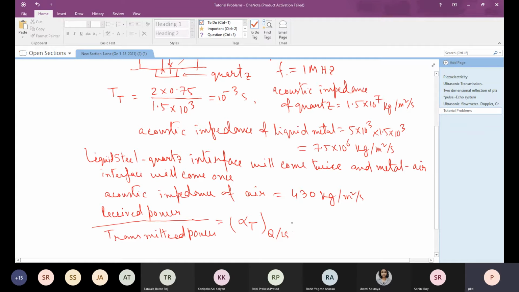Then it will have the continuous attenuation due to the power attenuation coefficient, which is given as 0.1 per meter, that is alpha W into L, the length that has been transmitted. Then the reflection coefficient, that is liquid metal to air.